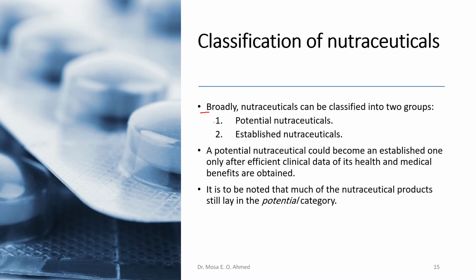Group 1 is potential nutraceuticals, and Group 2 is established nutraceuticals. And potential nutraceuticals means nutraceuticals that could become established ones after efficient clinical data about their health and medical benefit is available.